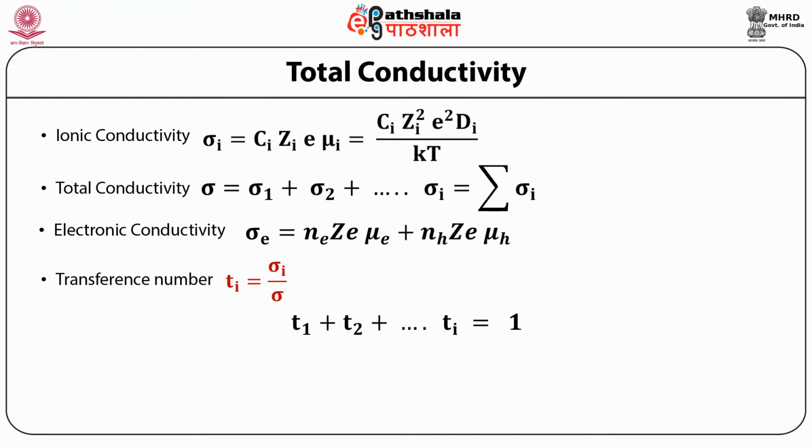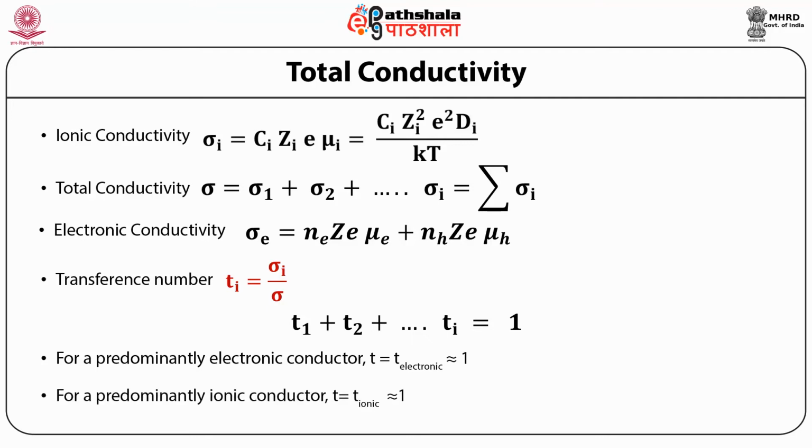So naturally, for a predominantly electronic conductor, t electronic is approximately 1, and for an ionic conductor, t ionic is approximately 1, whereas for mixed conduction, t electronic is comparable to t ionic.